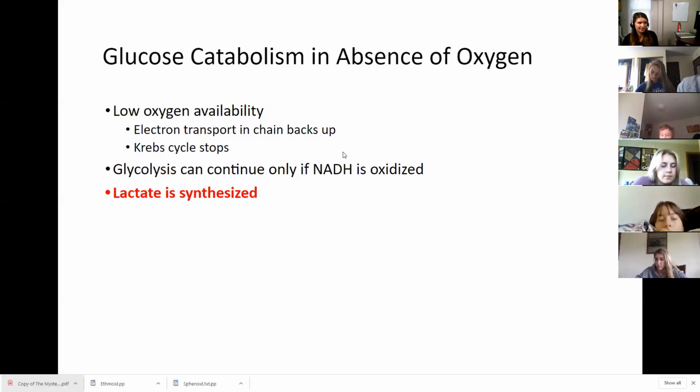So we don't have that NAD to feed into glycolysis. So your body comes up with another way to turn NADH into NAD so that we can continue to run glycolysis, produce a little bit of ATP, even though it's not that efficient. And the way we do that is we synthesize lactate.